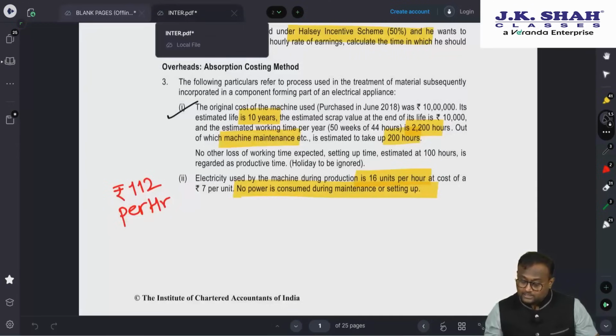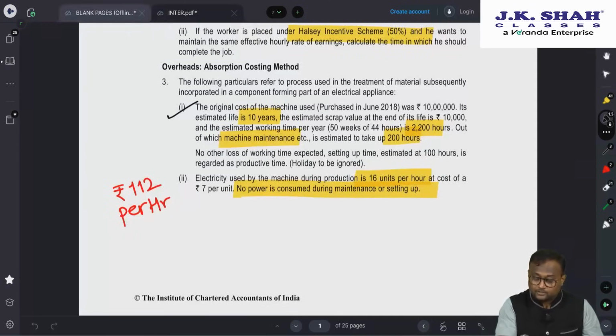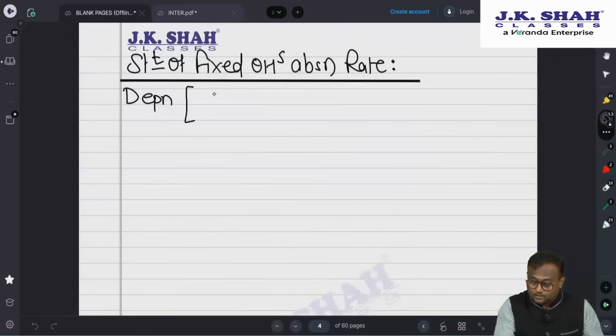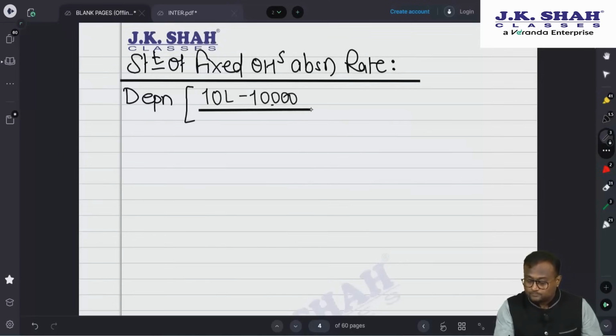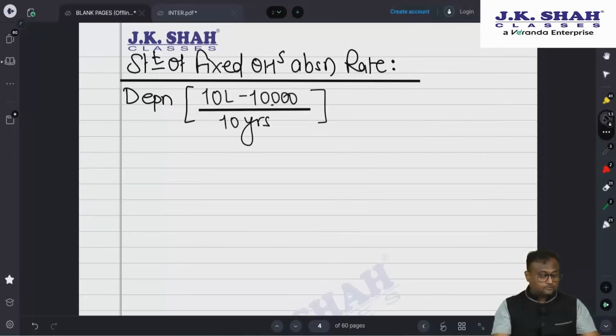10 lakhs, 10,000, 10 years. So 99,000 is my depreciation per annum.